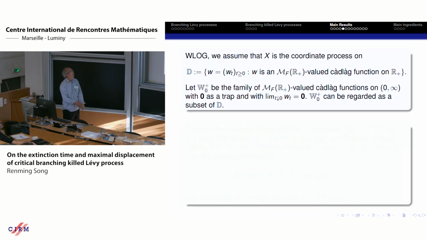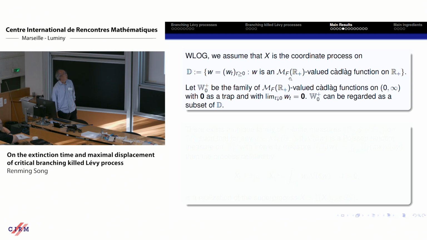Okay? And without loss of generality, I'm going to assume that our super process is canonical. It's basically defined on this path space. Okay? That's all the càdlàg processes taking values in here.